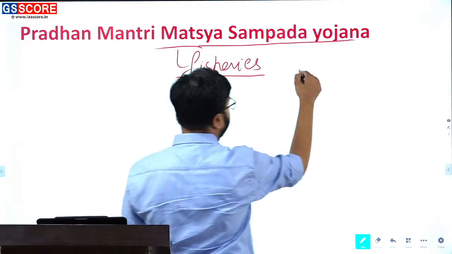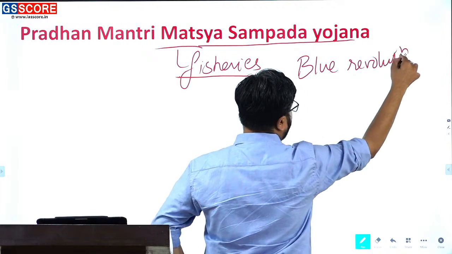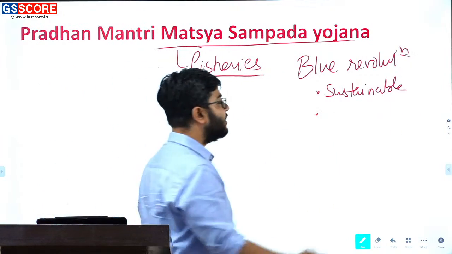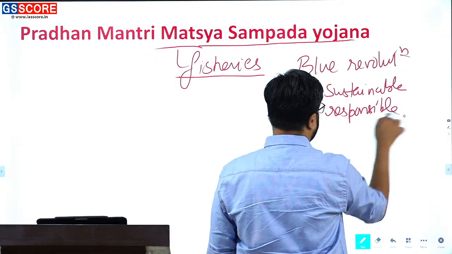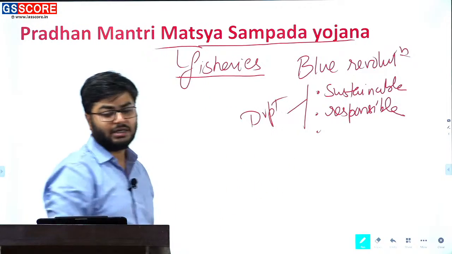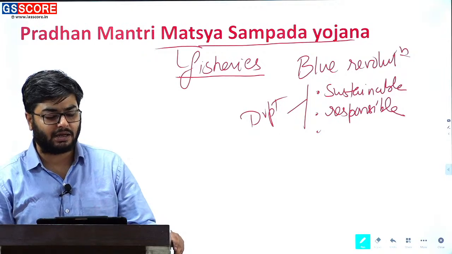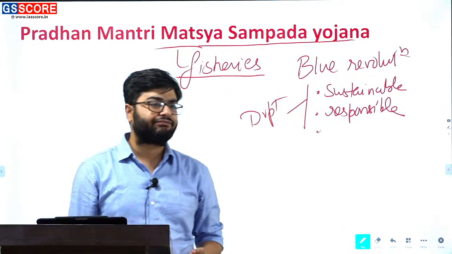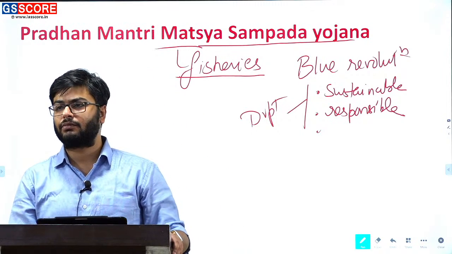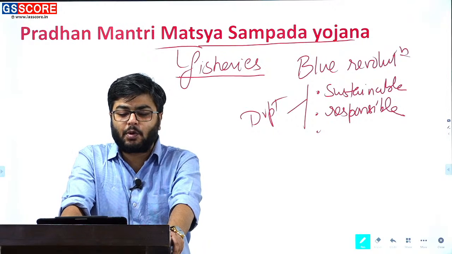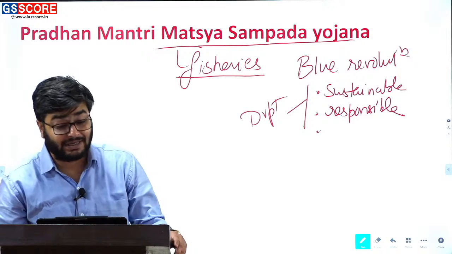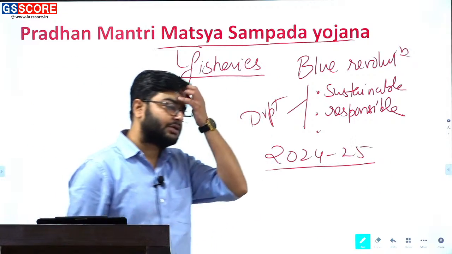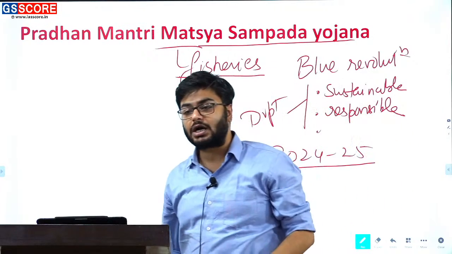The idea is to bring about a blue revolution which is sustainable and responsible, to double the fishermen's income, and improve productivity, infrastructure, post-harvest management, and export competitiveness. Interestingly, its duration was up to 2024-25, and this makes this scheme one of the important schemes from the point of view of current affairs for us.